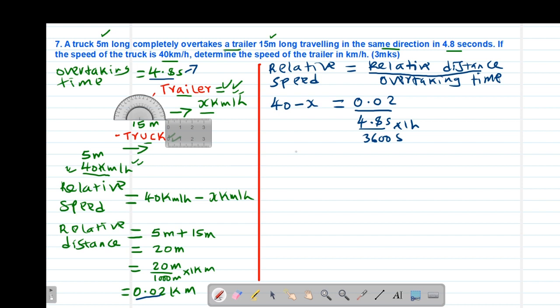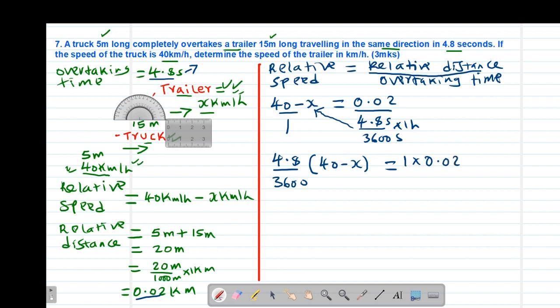Therefore, if I do cross multiplication, this is over 1, so this value is going to multiply with this equation here. So I'm going to have 4.8 divided by 3,600 hours, times 40 minus x, must be equal to 1 multiplied by 0.02 kilometers.